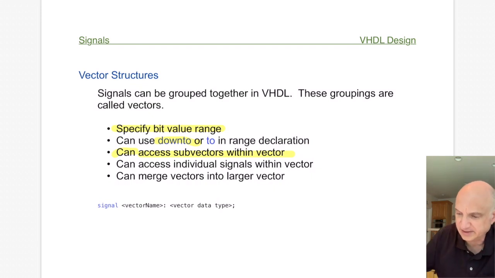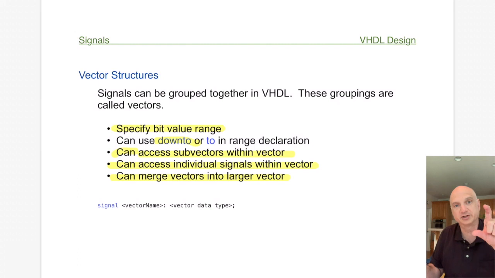The next thing that you can do in here is you can access individual signals in the vector, not just groups of signals, not just groupings of 4, but the individual ones, just like we said before. So you can do groups and you can do individual signals. And you can also merge vectors into larger vectors.